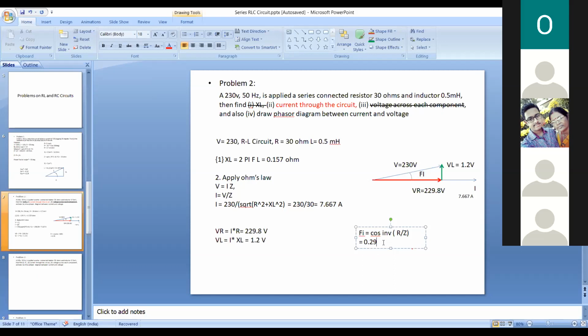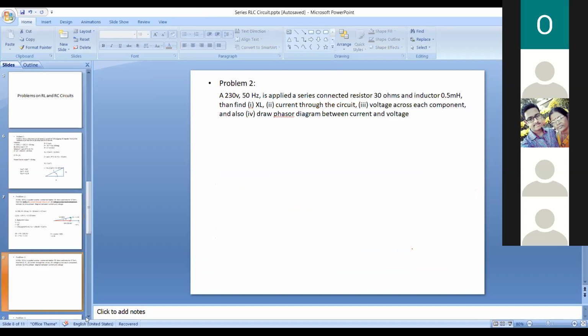You can say it is almost equal to 0 itself. That's the reason you are getting the resistive voltage VR very close to the supply voltage. It's a typical problem which you can expect in your external as well as internal exam. So that's problem 2.